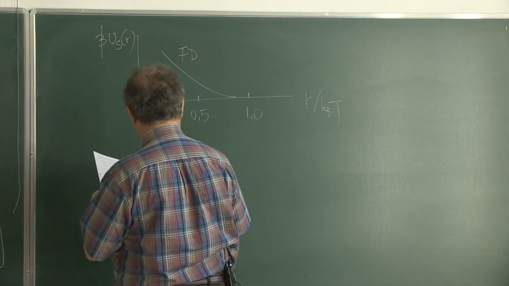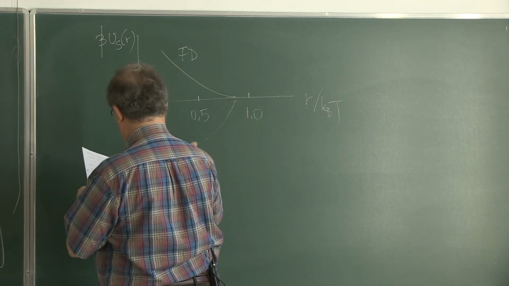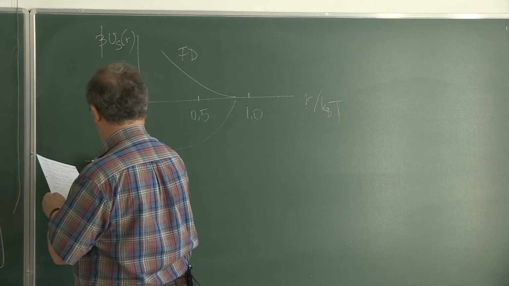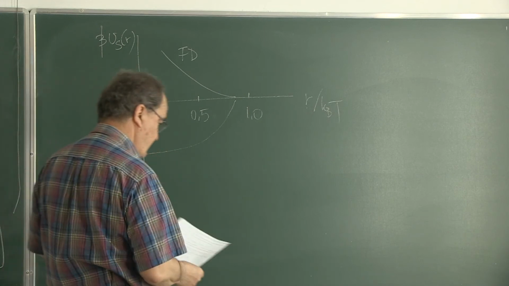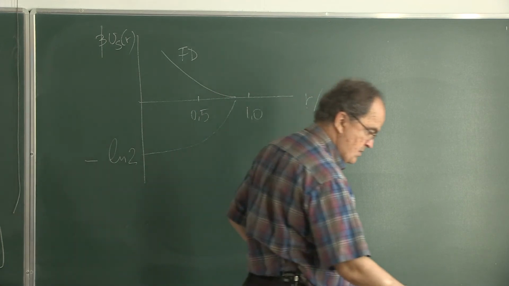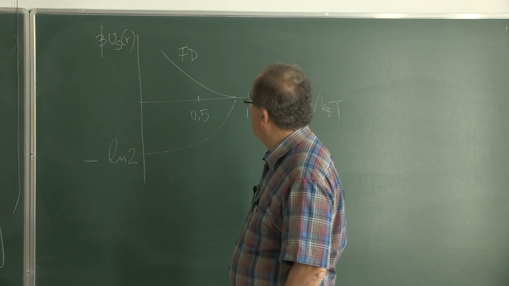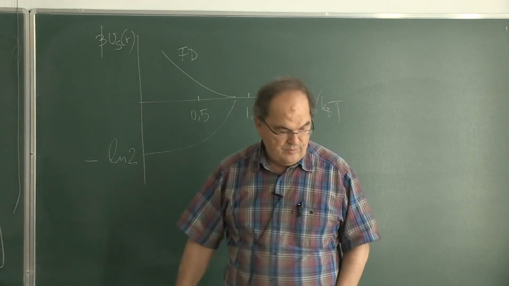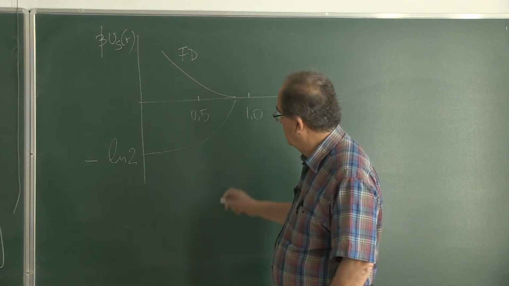Fermi-Dirac, minus ln 2. For the Bose-Einstein case, it is negative.